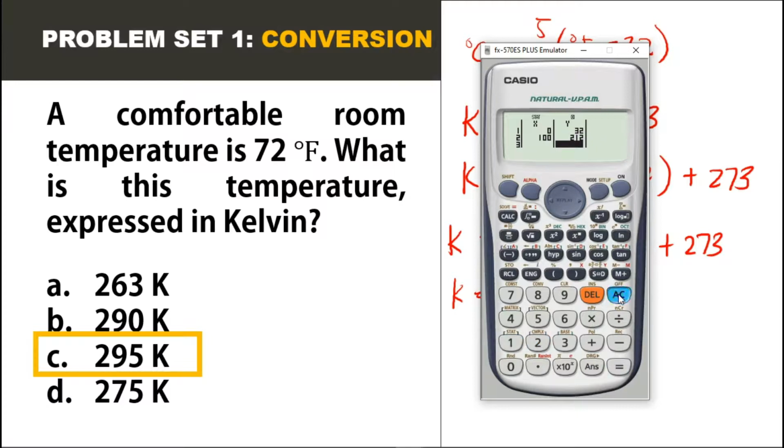Press off. This is shift stat, then 5 regression, then 4, since you are going to find degrees Celsius. So that is 72. This is the degrees Celsius, and you add 273 to make that Kelvin. So you have here the answer as 295.2.